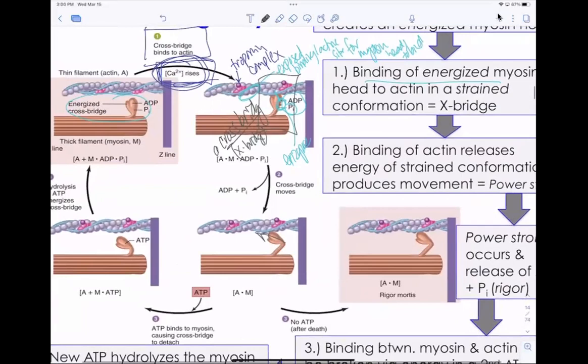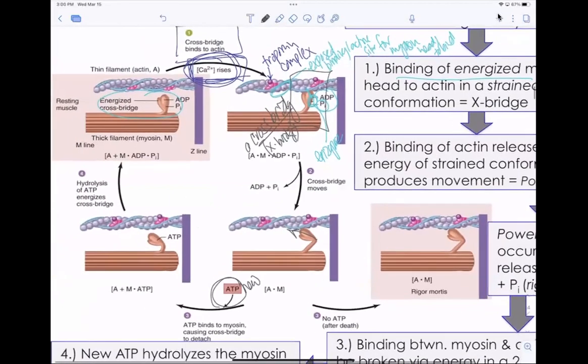You have the power stroke, actin strands pulled to slide over the myosin. You have a new ATP bind to the myosin head. Now ATP is bound to the myosin head. That changes the conformation of the myosin head, and it detaches from the active site on the actin strand.